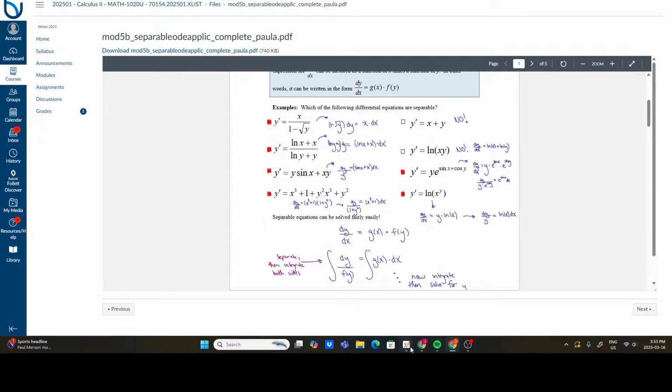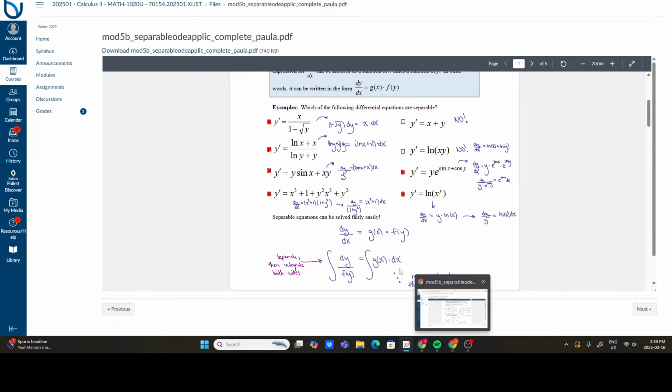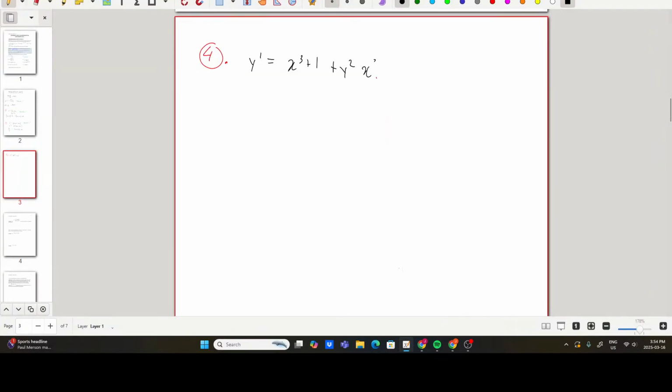So, alright. Let's say we had y prime is equivalent to x cubed plus 1 plus y squared, x cubed plus y squared.